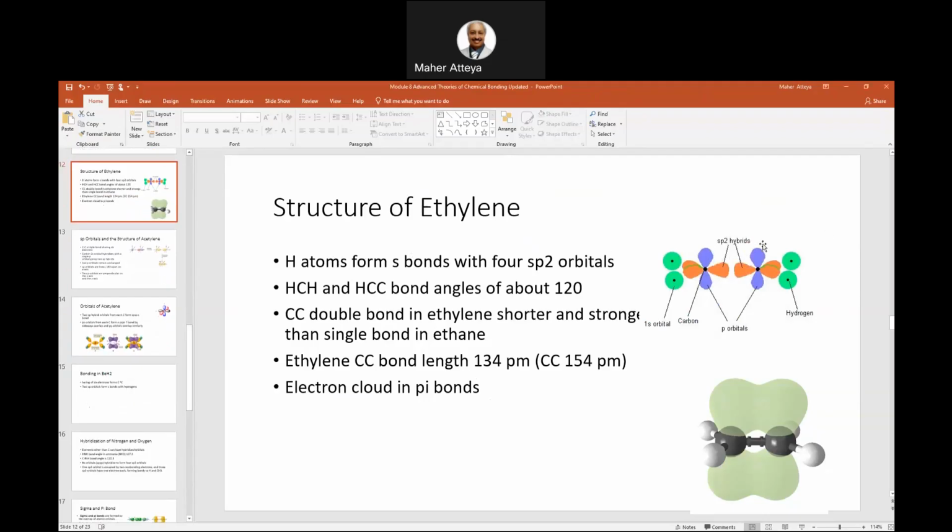Take this one here. The side-to-side interaction yields the double bond. Those are vertical.